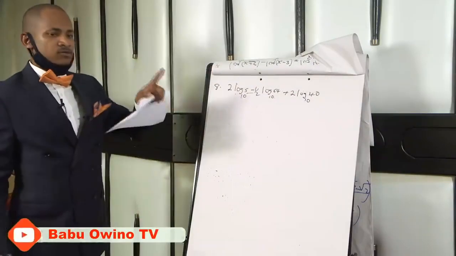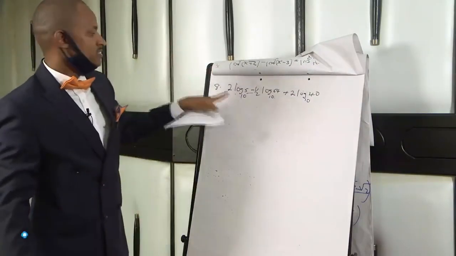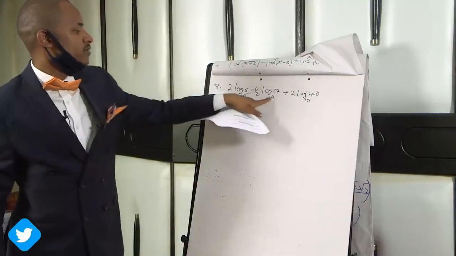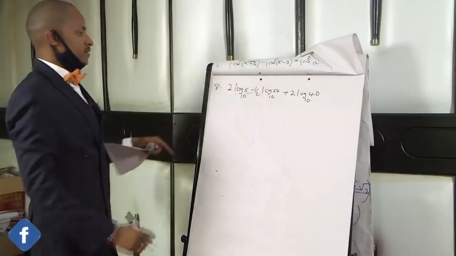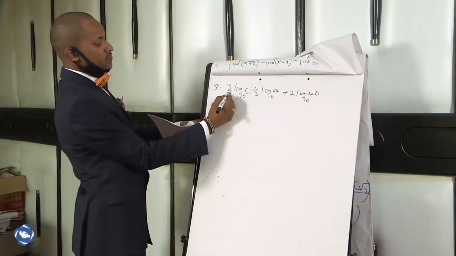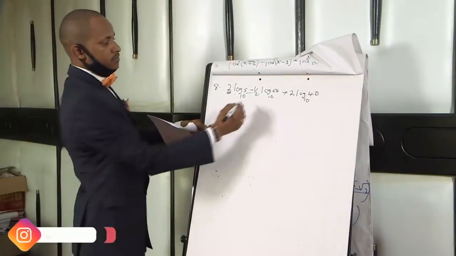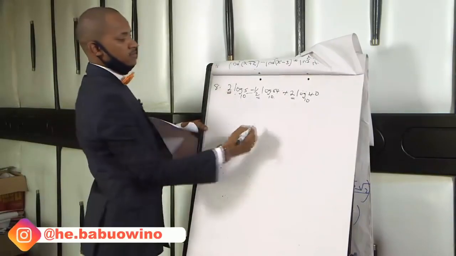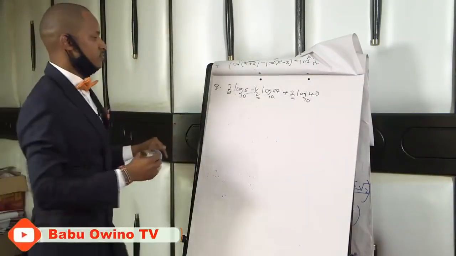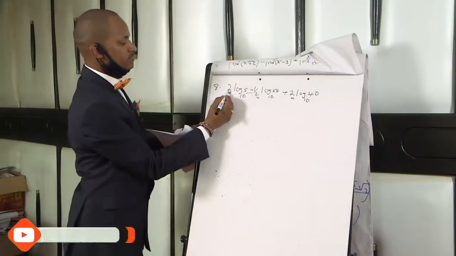This time round, I told you the first thing is to check the bases. The first question we dealt with logs to base 8. Now we are dealing with logs to base 10. Number 1, ensure that these coefficients, the constant values, you rewrite in such a way that it goes back to its original value. So how was it before it became this value?